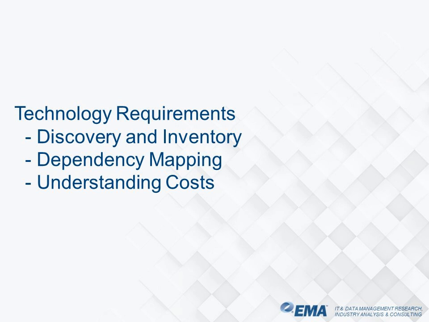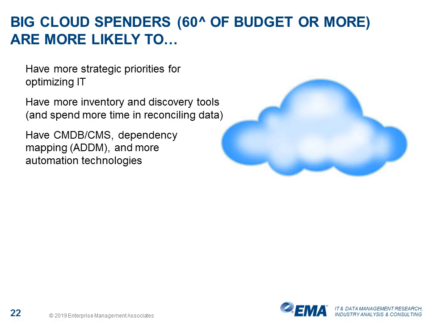So now we'll dive right into, and we'll set the stage beautifully on, technology requirements, discovery and inventory, dependency mapping, and understanding costs, which is very usage related. So we've already looked at how big cloud spenders are evolving, and if they grow more, they tend to be more effective and invest more in cloud.